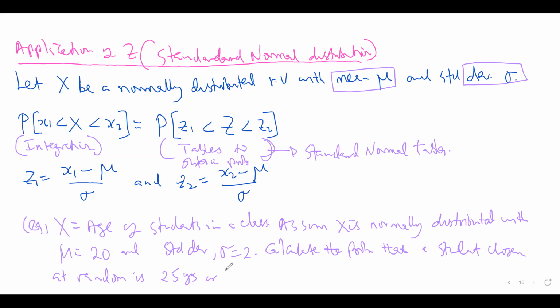Let's say is less than 25 years. That is less than 25 years old. So you calculate that probability.